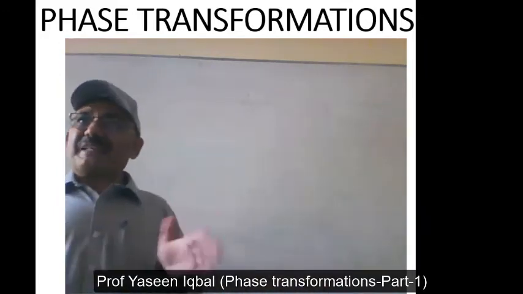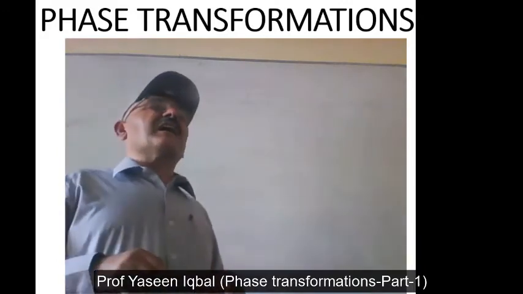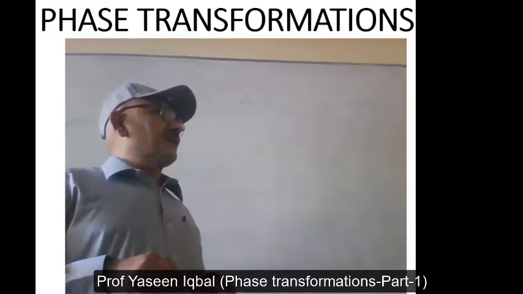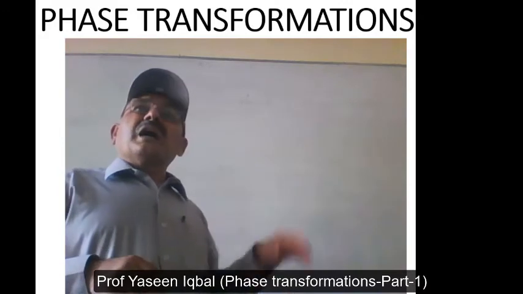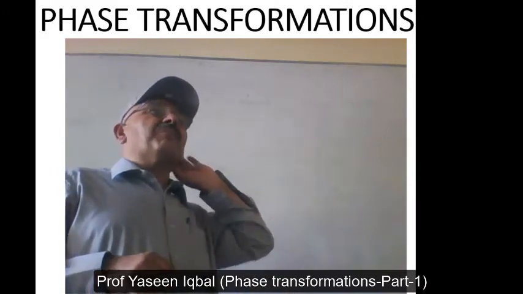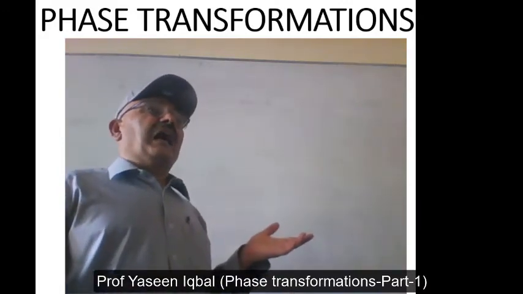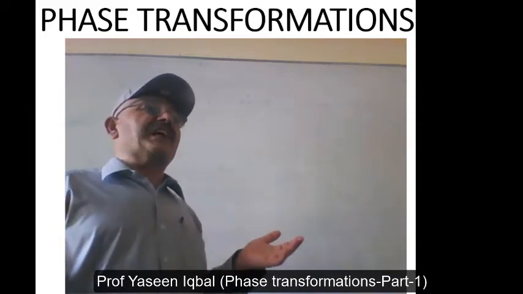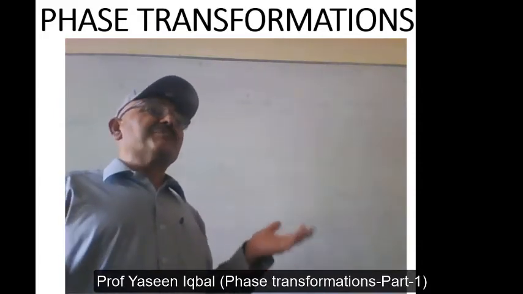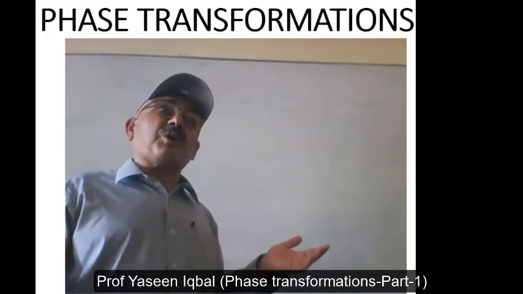And a specific crystal structure can be cubic. A specific crystal structure can be tetragonal. It can be triclinic. It can be orthorhombic.